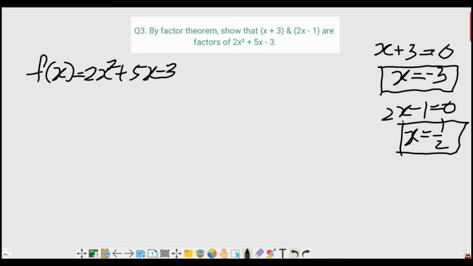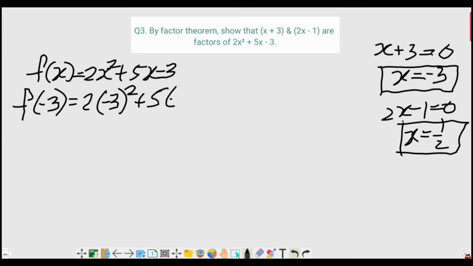Now, first of all, I'll consider the first binomial. So I will find f of minus 3. It will be 2 in the bracket minus 3 square plus 5 in the bracket minus 3 minus 3. This will give you the remainder.